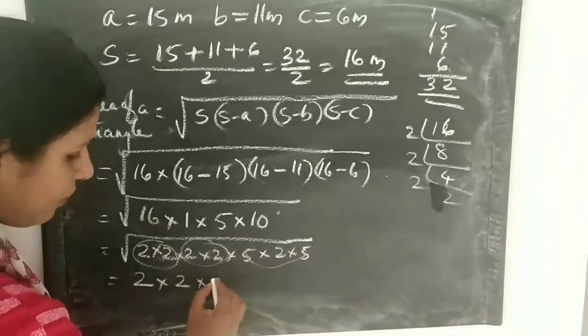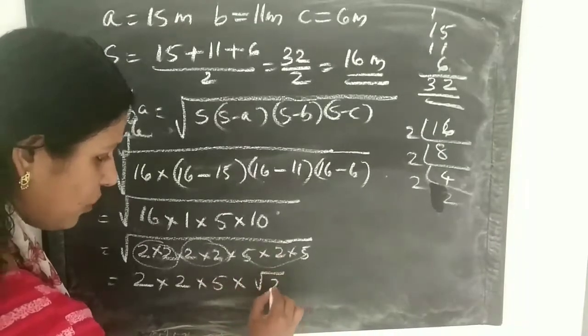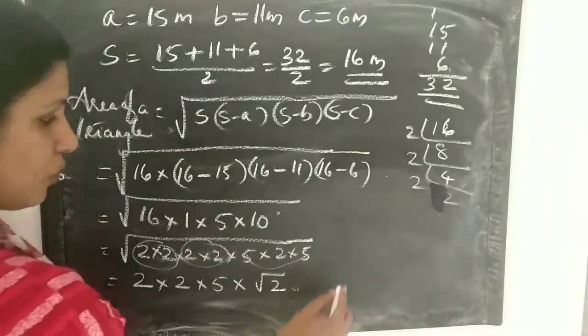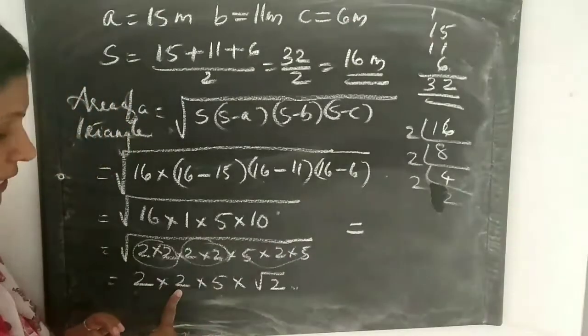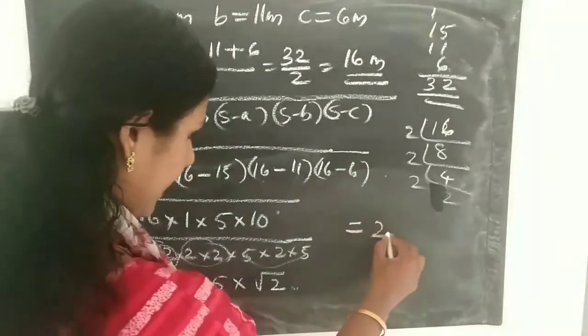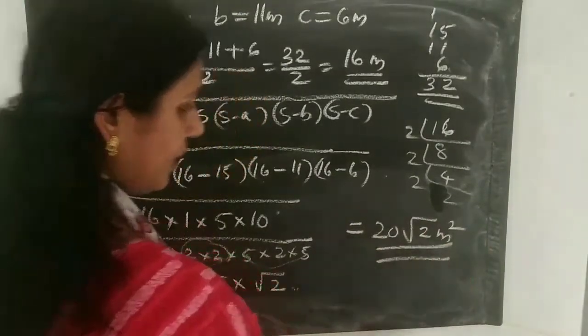From these two 5s you take one 5 outside, and this is remaining. So you should write it as root 2. And here the result is 2 into 5, 10, 10 into 2, 20. So we get 20 root 2 meter square.